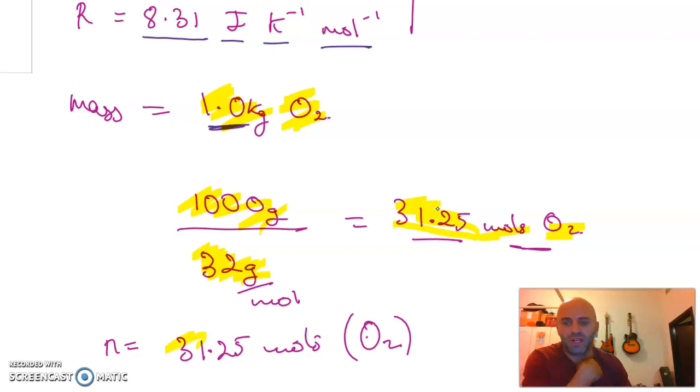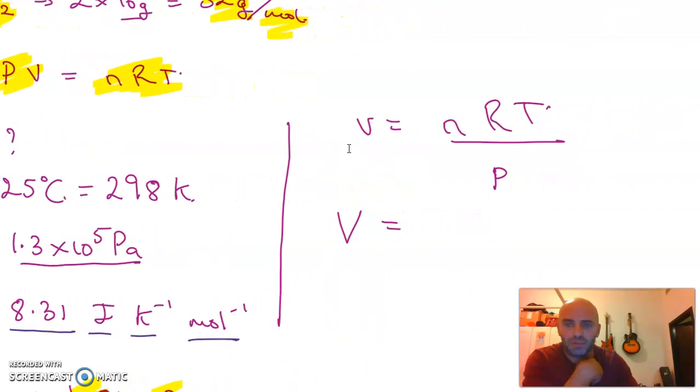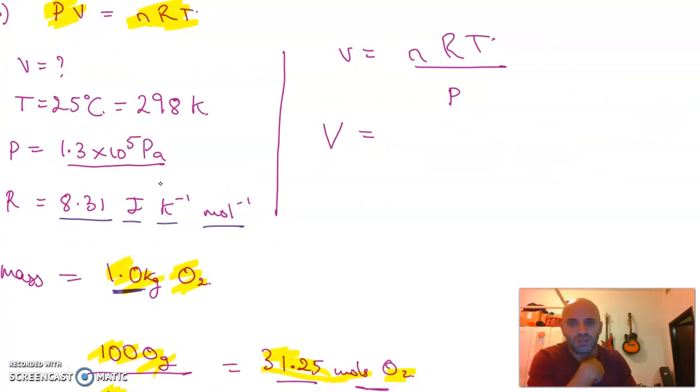Okay, so now we've got our n, and after that it's very straightforward. We now substitute in the number of moles. We've got everything else lined up, so I guess we'll finish it off.